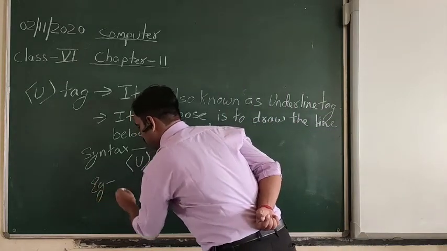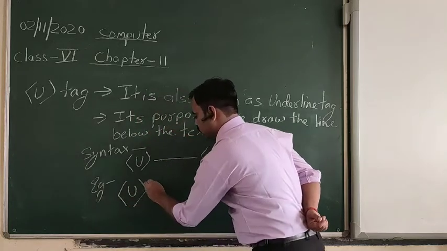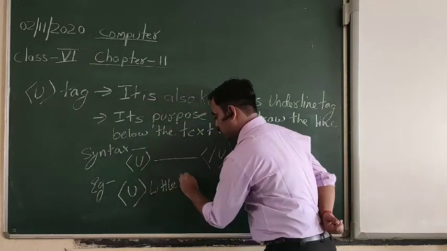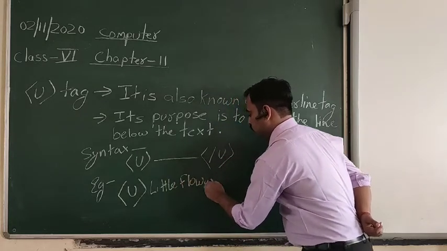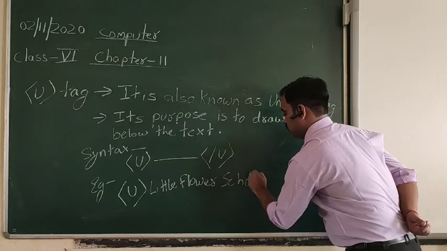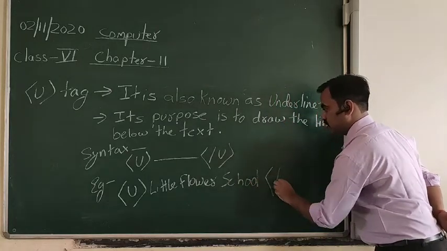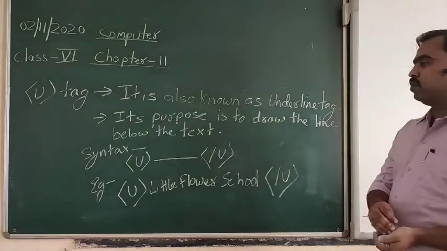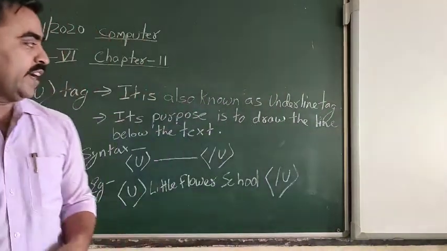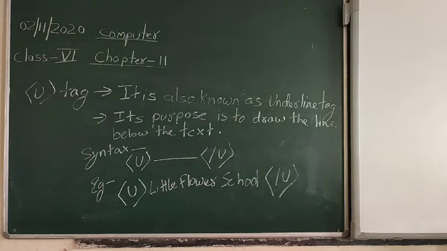Example: you write the name of your school, and then close the U tag. Okay, so this is the way in which you can use the U tag in your document. The U tag is generally known as the underline tag, and its purpose is to draw the line below the text, or in the general way, to underline the text.